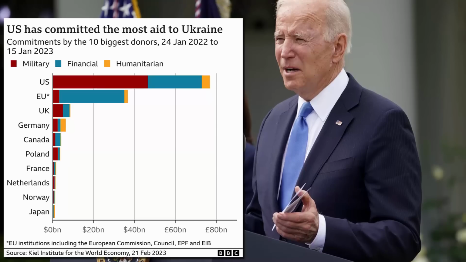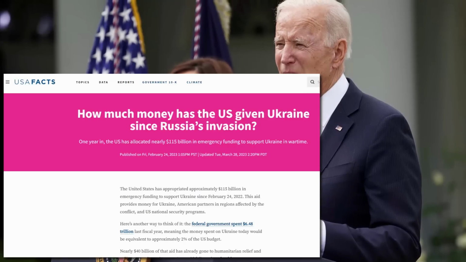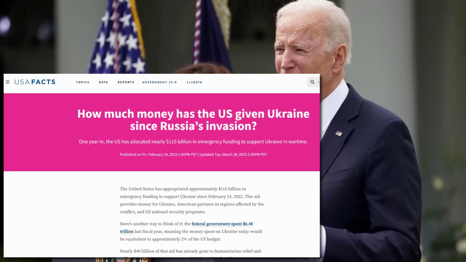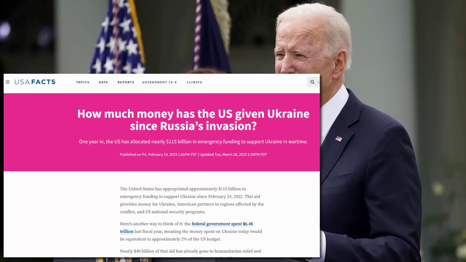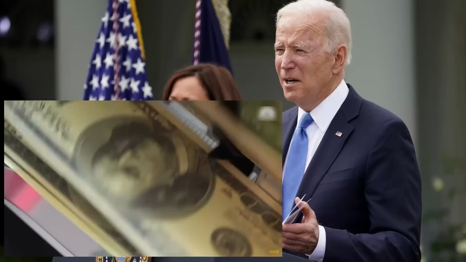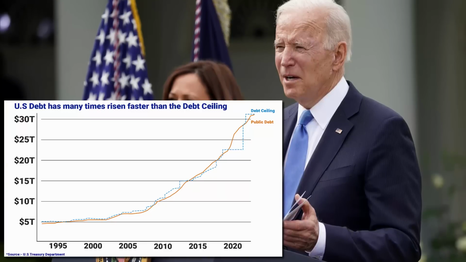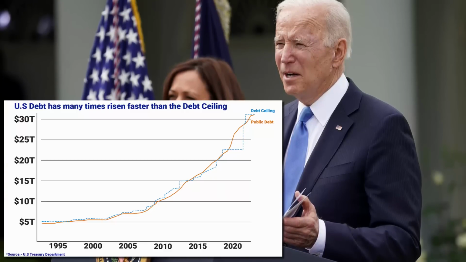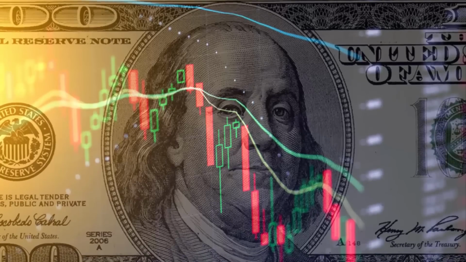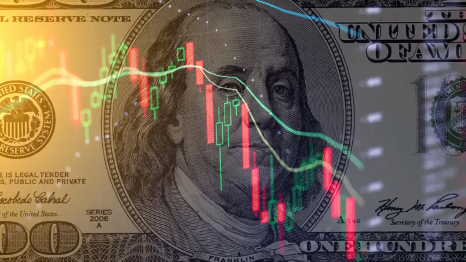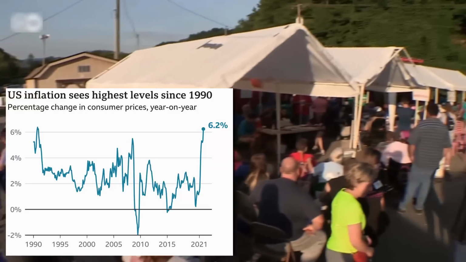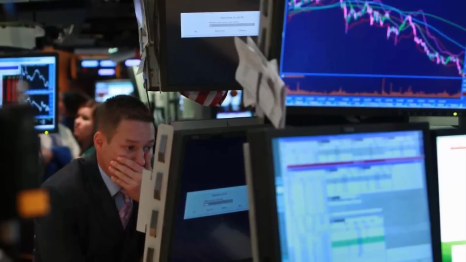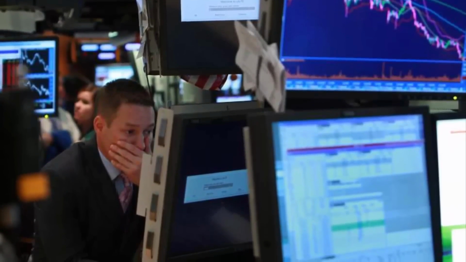This is BBC's report. There are other reports that suggest till now the United States has allocated nearly $150 billion in support of Ukraine. Whatever may be the right figure, the point is this kind of excessive and unnecessary spending, then printing money whenever they want, and this way of rapidly reaching the debt ceiling limit will lead to increased borrowing costs for businesses and homeowners, and that will lead to drop in consumer confidence that could shock the US financial market and tip the economy into recession.